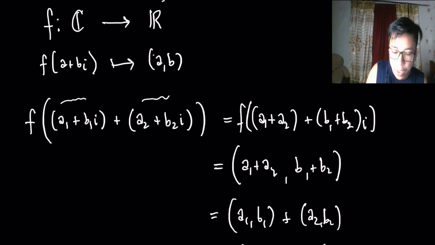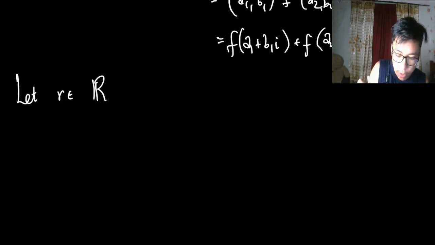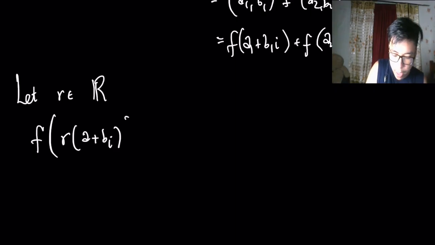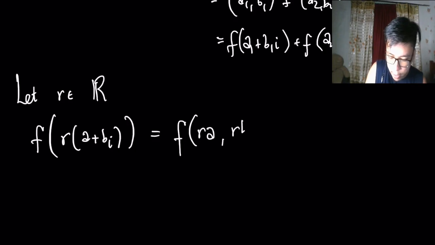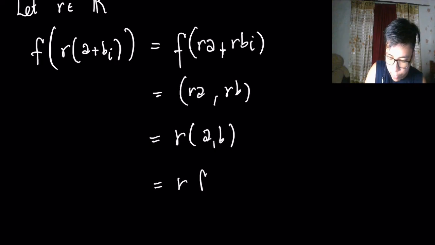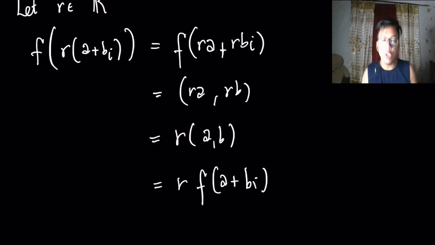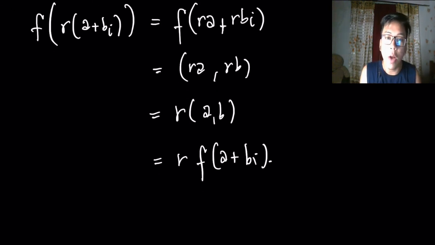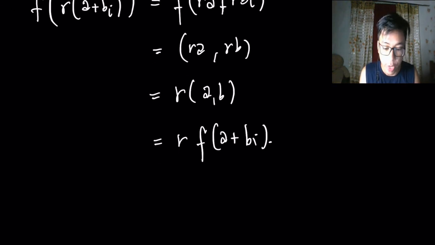Sorry, it should be R2 over R. So I'd have r of a plus bi, and this is just the same as ra, rbi, okay, and this is actually ra, rb, and I can extract r here, so I would have r times a, b, and so r times f of a plus bi. Therefore, condition 2 is satisfied, and so finally, we can say that this mapping here is a linear transformation.